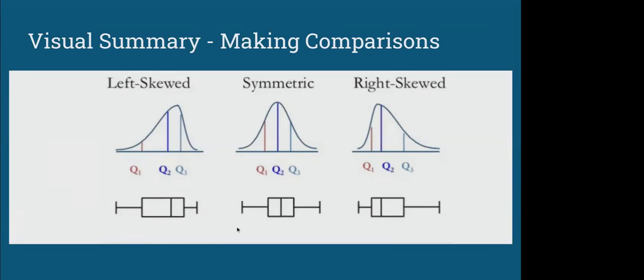We are used to so far seeing them horizontal, but sometimes you will see them vertical. So the left whisker and the lower whisker are synonymous. They are the same. And the upper whisker and the right whisker are the same.